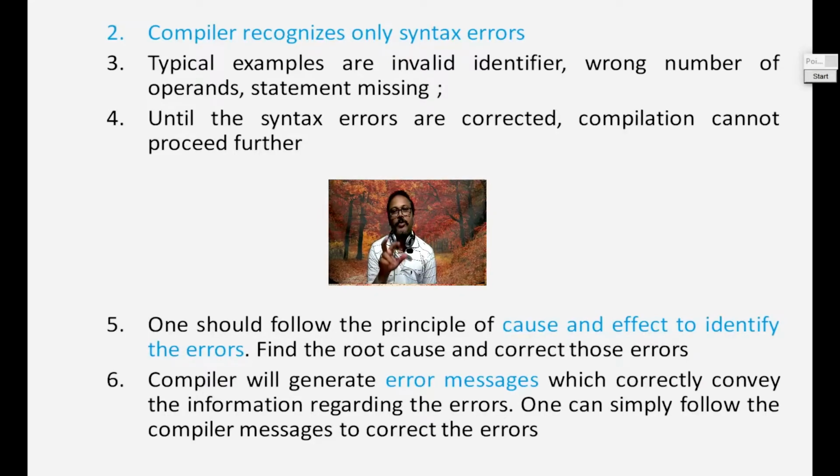You have to write A plus B. Suppose accidentally you forget to type B, A plus. Or in C language, every declarative and executable statement should end with a semicolon, and you forget the semicolon. All these are compiler-related errors, that is, syntax errors, which can be recognized by the compiler.